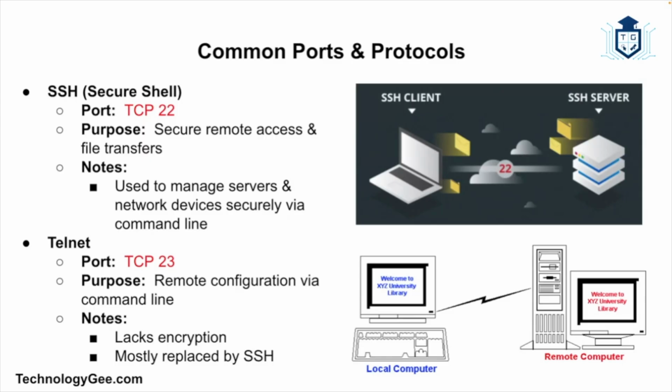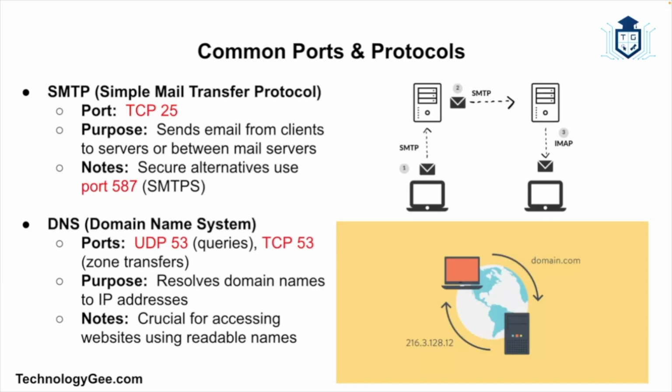Telnet provides command line access, but it lacks encryption, making it obsolete in most modern environments, which prefer to use SSH. Then we have Simple Mail Transfer Protocol, or SMTP, which uses TCP port 25, and this is used for sending email from clients to servers or between mail servers.